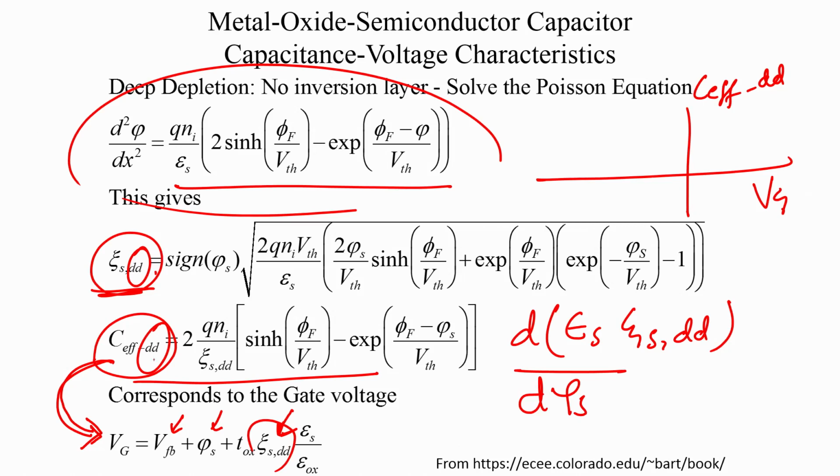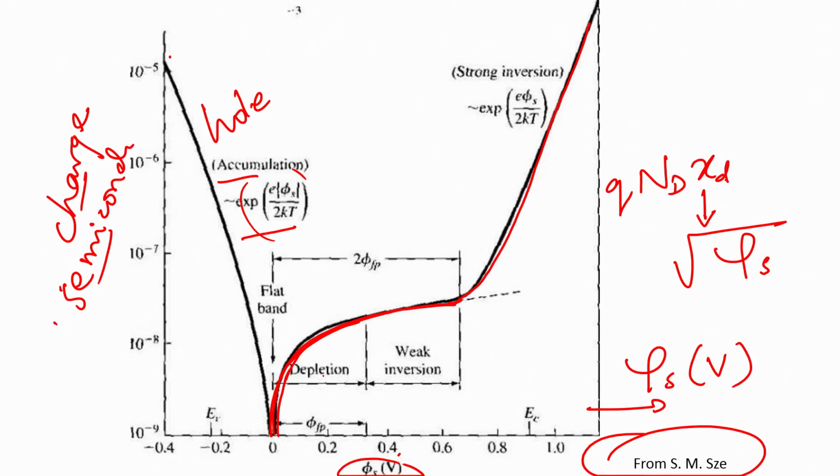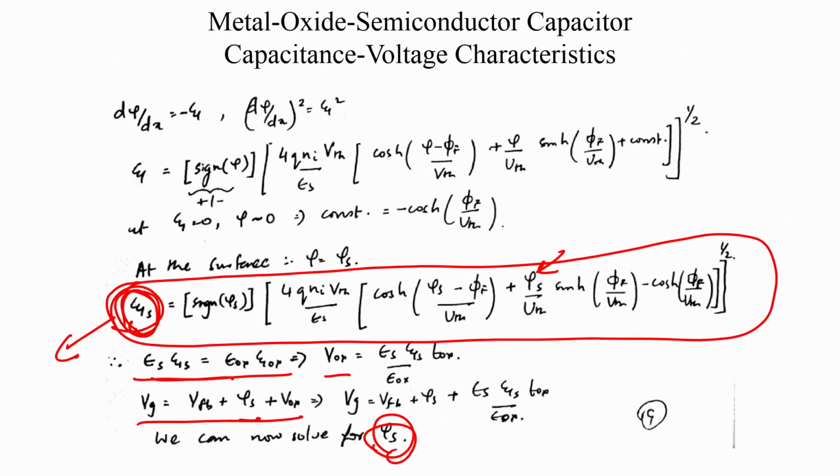So, both the capacitance and the electric field correspond to deep depletion. But for high frequency, you use the deep depletion capacitance, but make it correspond to the low frequency gate voltage, which is obtained from the first Poisson equation, the one we solved here. Okay.